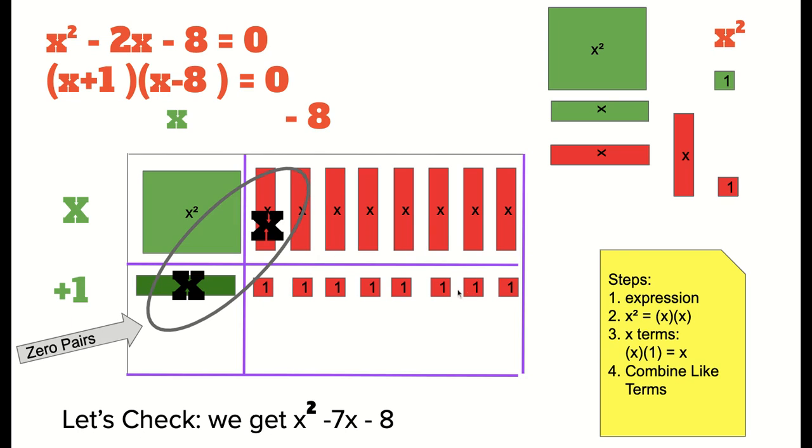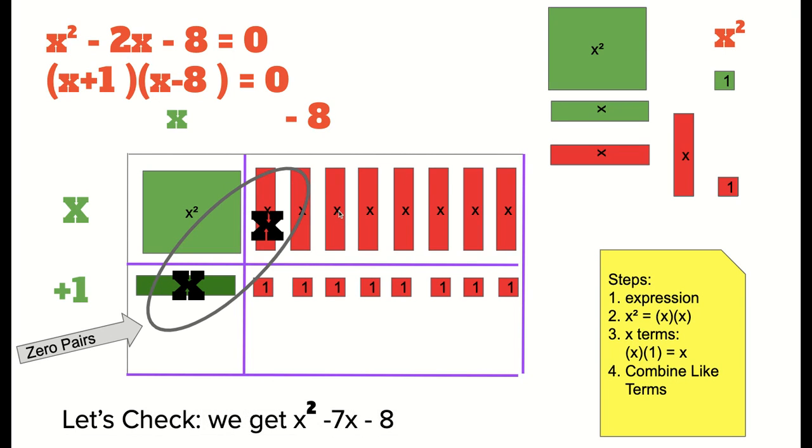Now we're going to combine like terms. So when we combine like terms, we see that we get a zero pair because we have a red x and a green x. So we can take that out. So what we have left is negative 7x here. So we combine like terms, we get x squared minus 7x minus 8. That's what we get here.